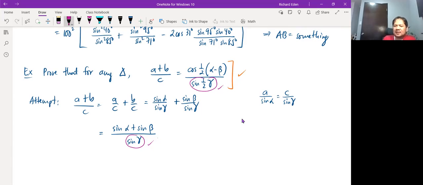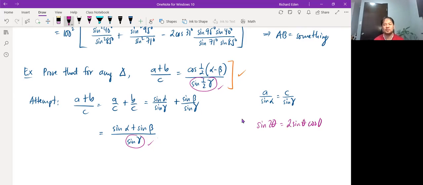Yeah. So it's like you're looking at sine of 2 theta. Sine of 2 theta is 2 sine, okay. Yeah, what can we say about sine of 2 theta? That's 2 sine theta cosine theta.